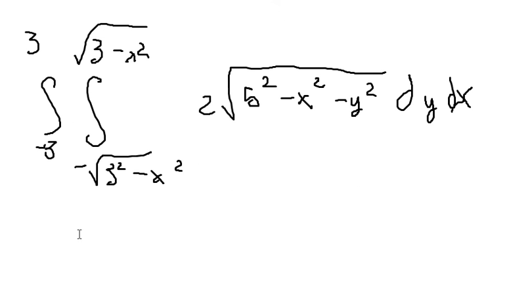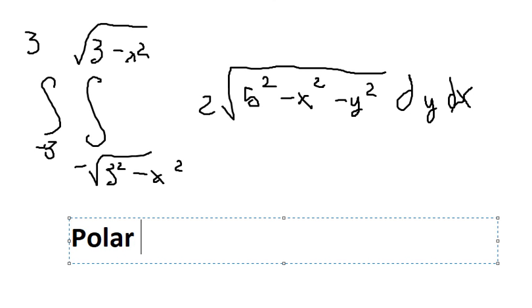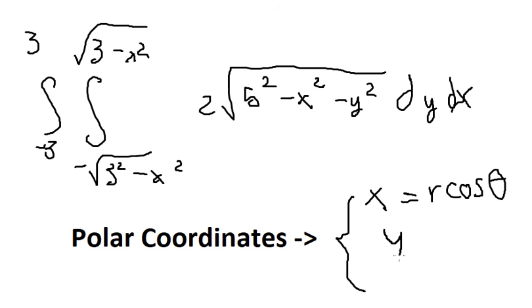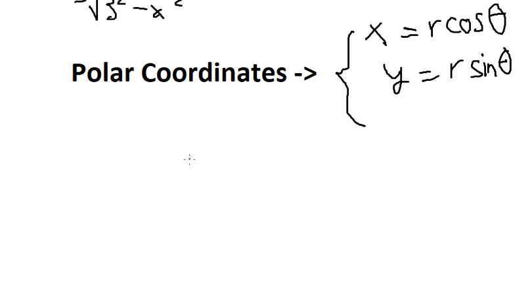Next, we can use polar coordinates. So we have x equals r cosine theta, y equals r sine theta, and dy dx equals r dr d theta.